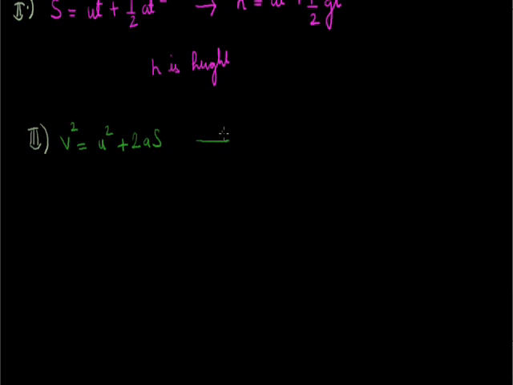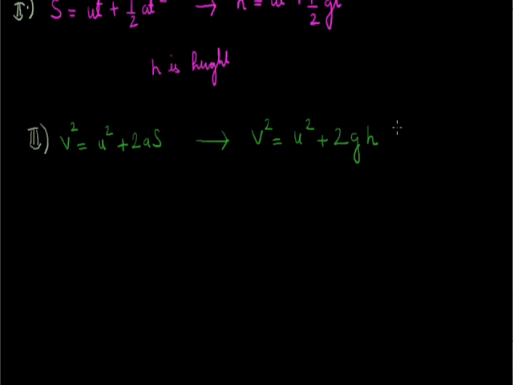This third equation becomes v square equals u square plus 2gh, and g and h remain the same, that is height and acceleration due to gravity. These are the three equations of motion which are valid for the motion under gravity.